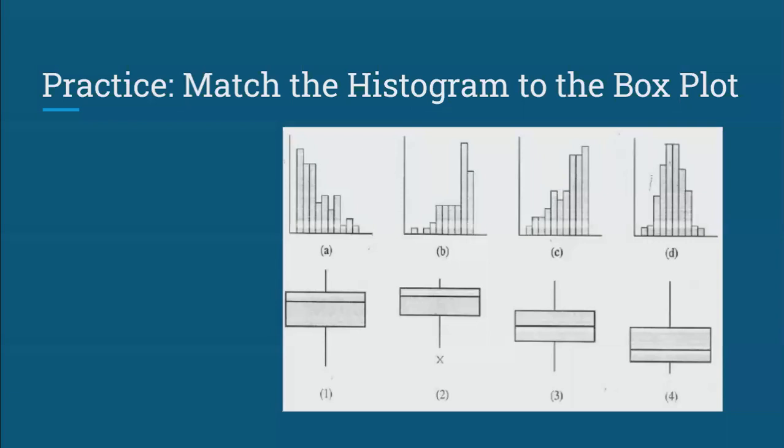Again, if it is right skewed, that means the upper or right whisker is longer than the lower or left whisker. And Q2 is closer to Q1.